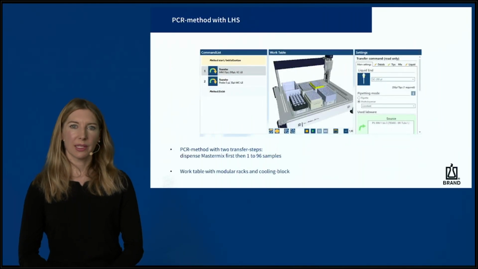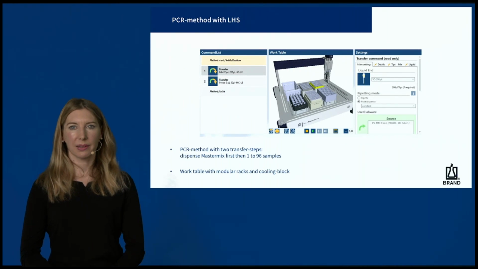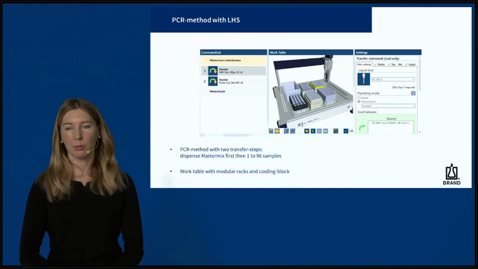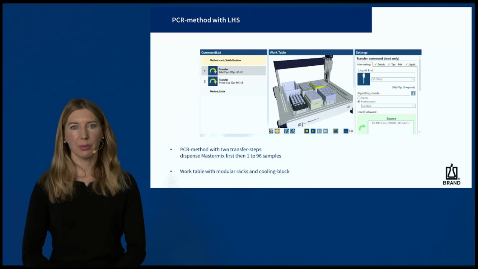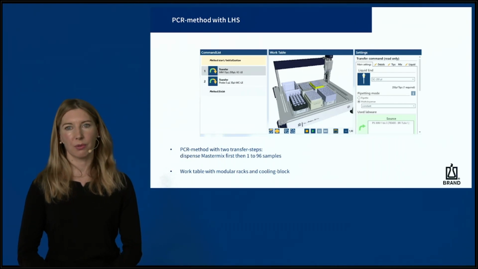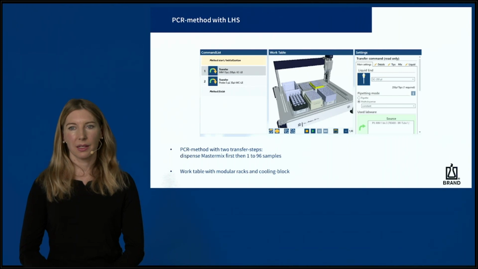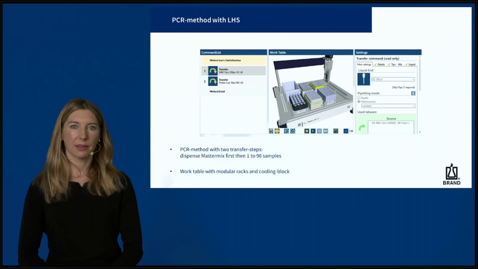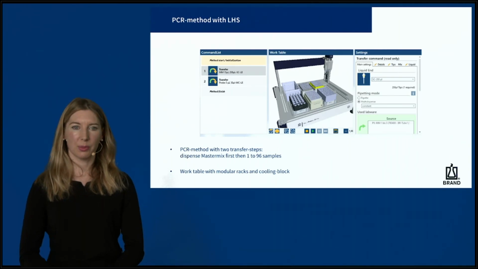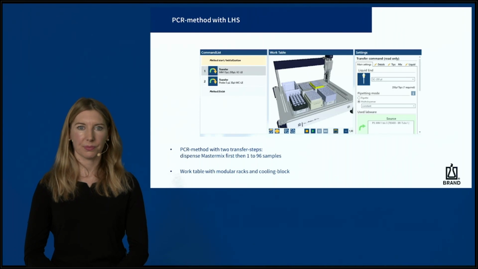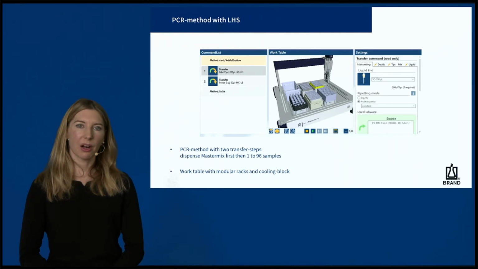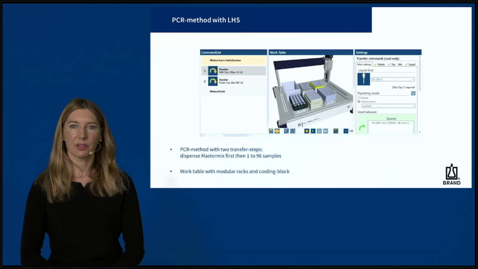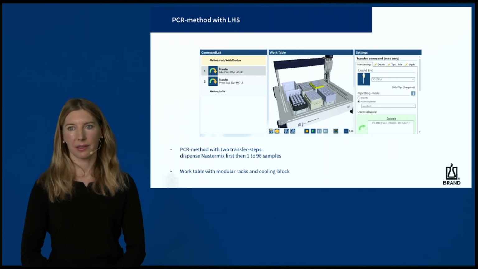PCR with this automated liquid handling system is quite simple. The workplaces can be freely assigned, including PCR tubes and strips, microcentrifuge tubes, reservoirs, and plates. This makes it easy to create new methods when other applications should be established. A PCR application, for example, can be managed with only 2 transfer steps from 1 to 96 samples.